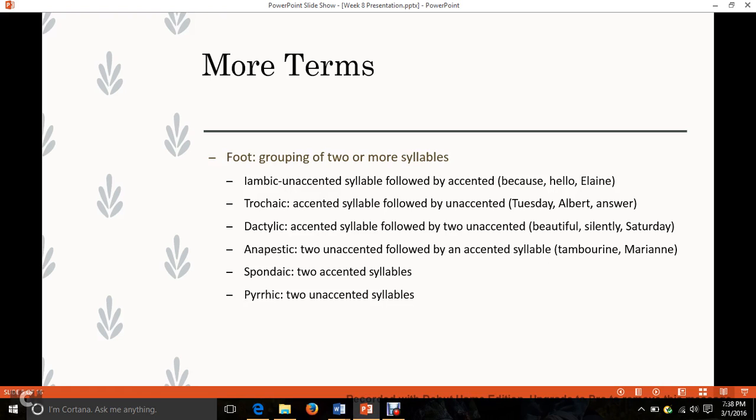Anapestic is 2 unaccented followed by an accented: tambourine, Marianne. So we can put those together to create a rhythm. And then there is spondaic, which is 2 accented syllables, and pyrrhic, which is 2 unaccented syllables. So they're just different groups of syllables put together. And when you start stringing everything together, you get a rhythm.